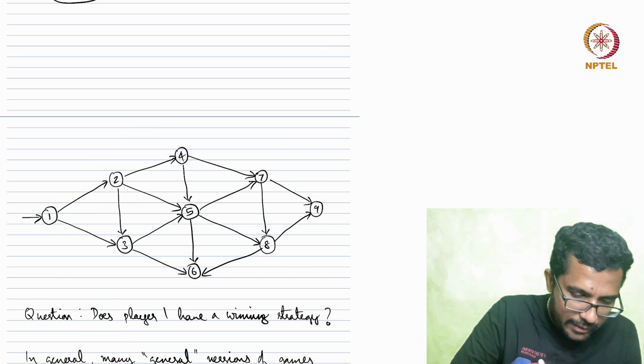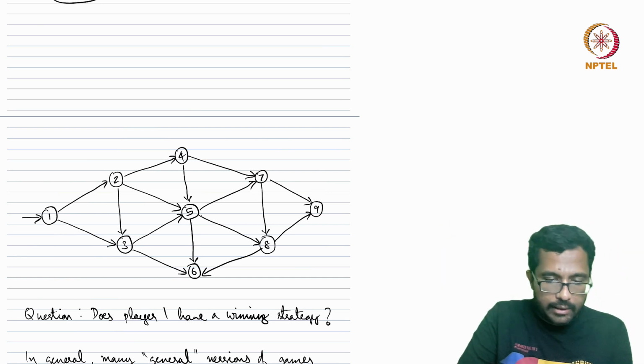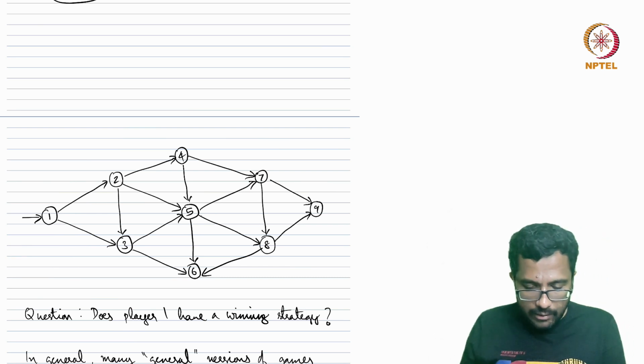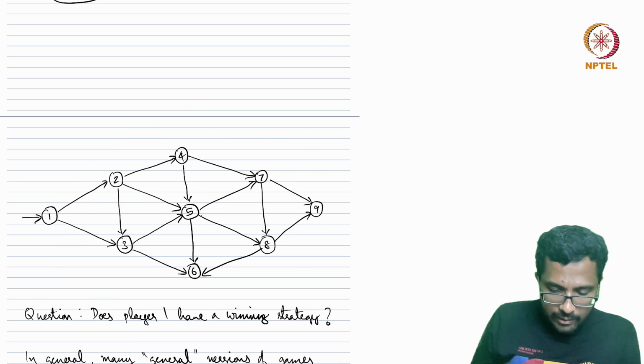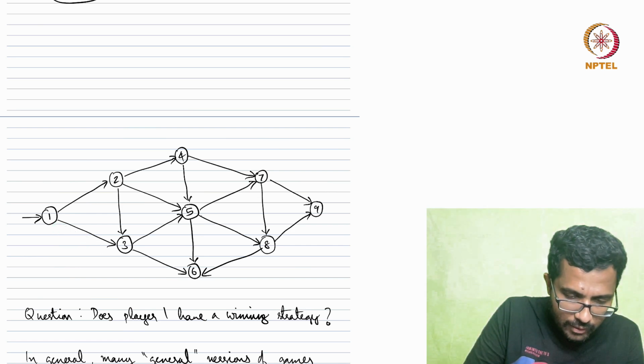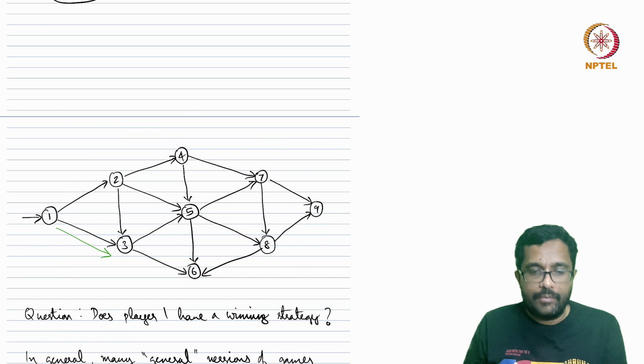So for example, in this game that is drawn here, player one actually loses. Suppose player one takes this way, he goes to 3.